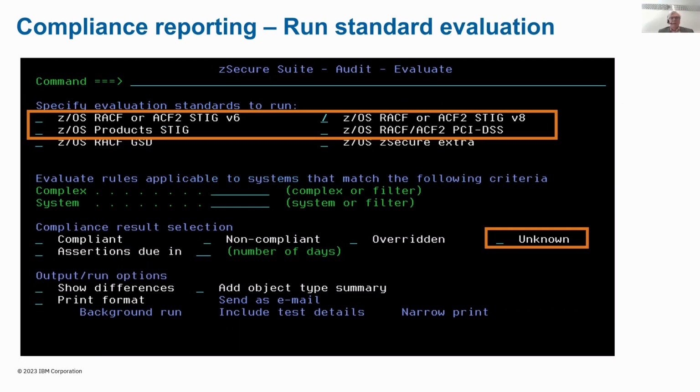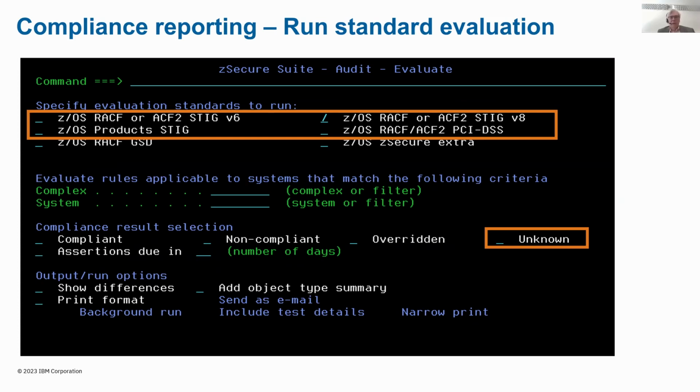So the user interface now allows you to select both the version 6 and the version 8 standard of the z/OS STIG, and then the z/OS product STIG is now a separate checkbox. So that's what has changed here. And another new tag is the compliance result selection.